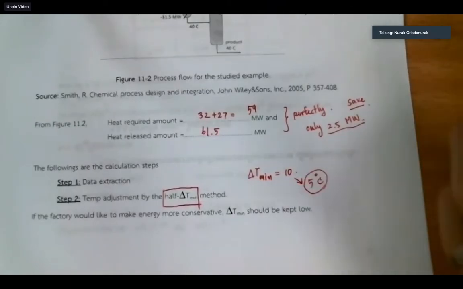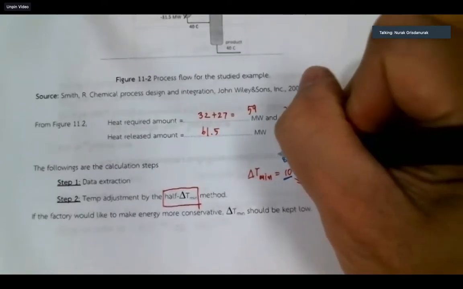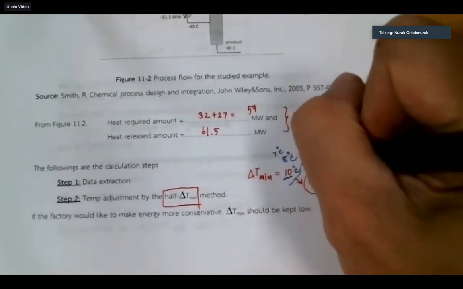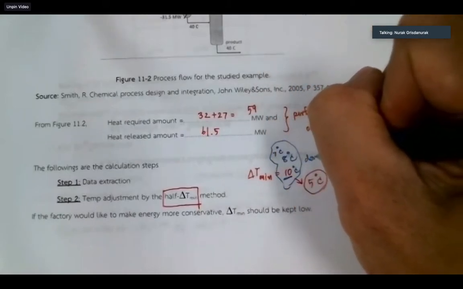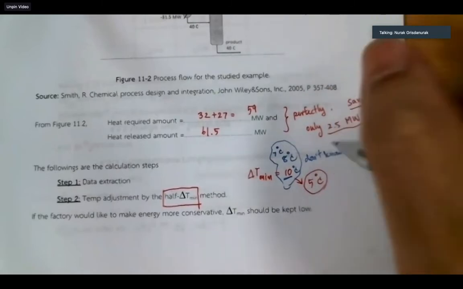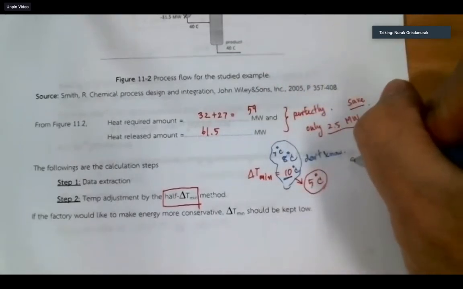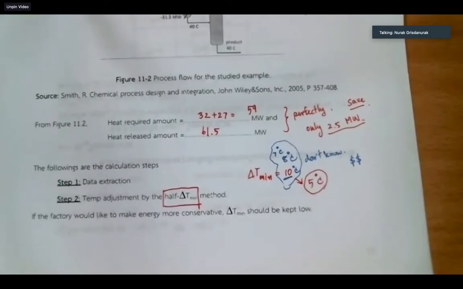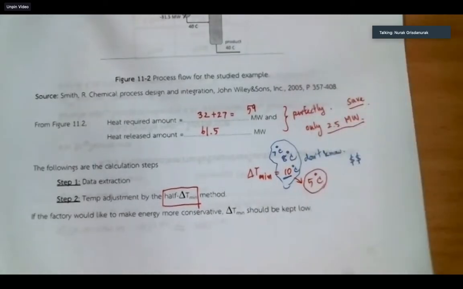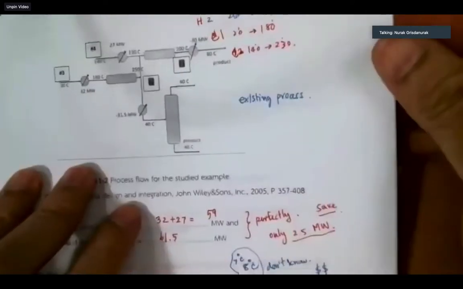The problem is, should it be 10, 8, or 7 degrees Celsius? We don't know. You will find out later which is more appropriate, because we have to do a cost analysis after that. Remember that we extract the data and then adjust the temperature. So let's see the next page.